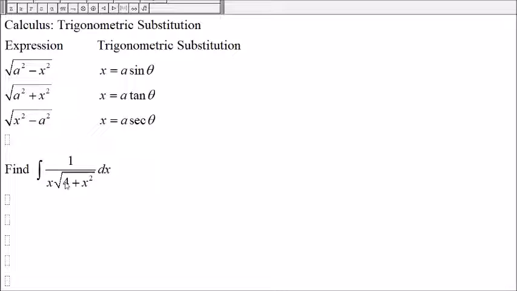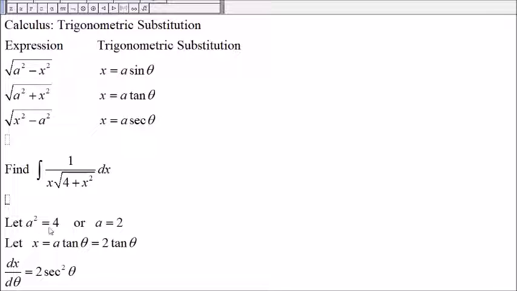First we will let a squared be 4, or a is 2. And then let x be a tangent theta. A is 2, and so x is equal to 2 times tangent of theta.